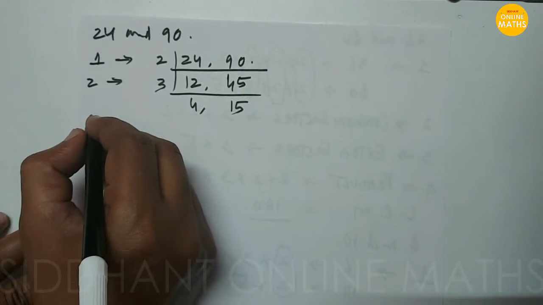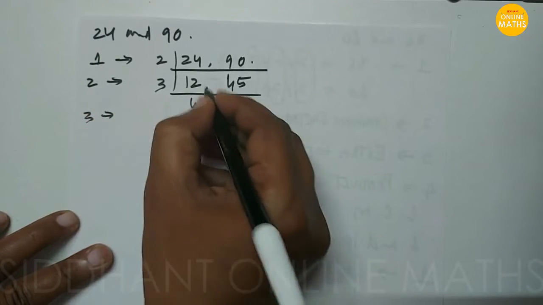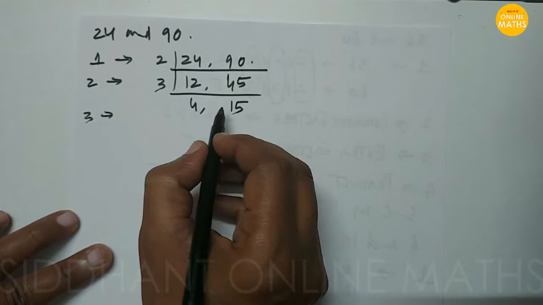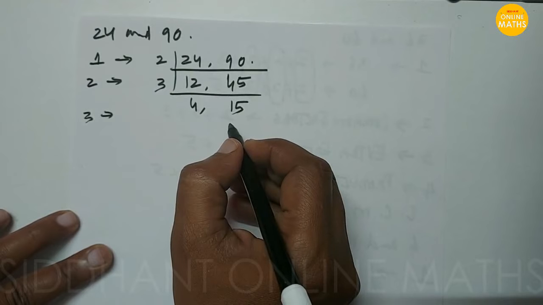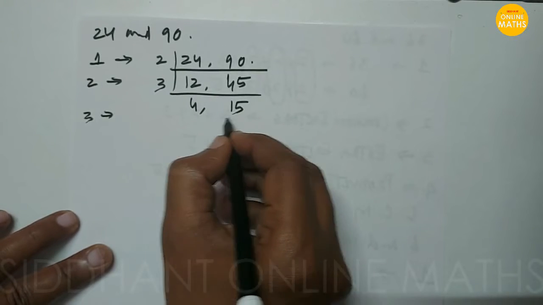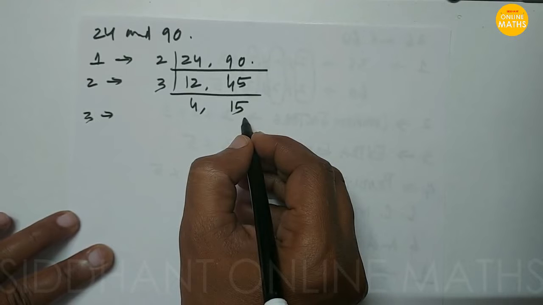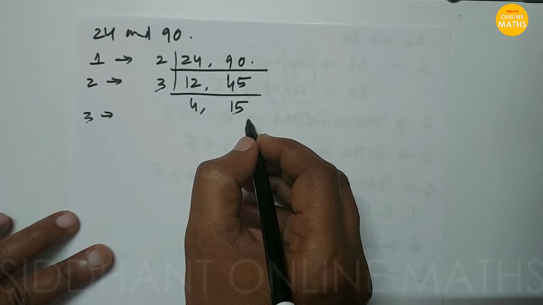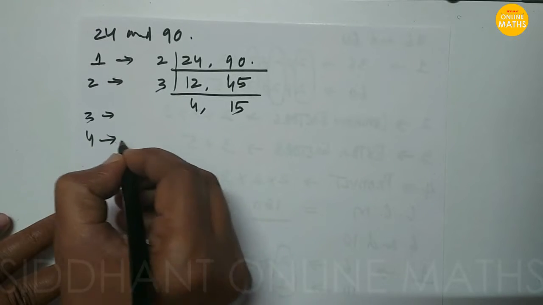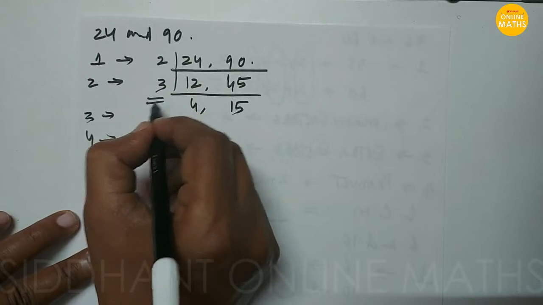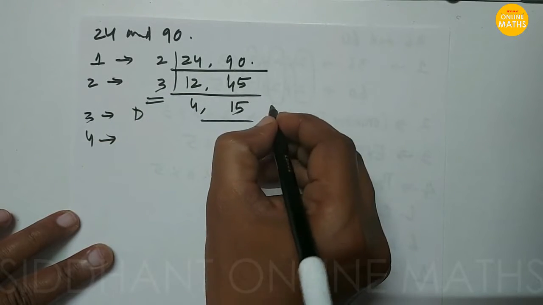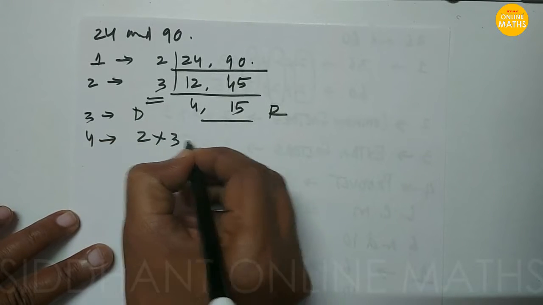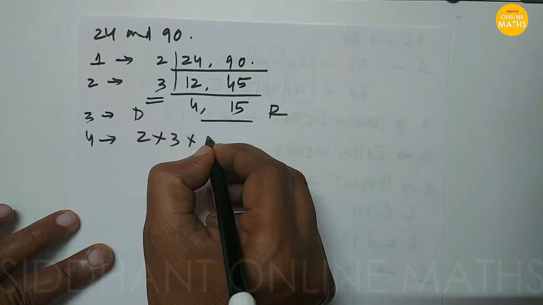After that, the third step: we continue this process until you get a common factor other than 1. Now we can't see any other divisor which is common for 4 and 15. Then the fourth step: we take all the divisors and the remainders. The product of all the divisors, 2 into 3, and the remainders, 4 into 15.